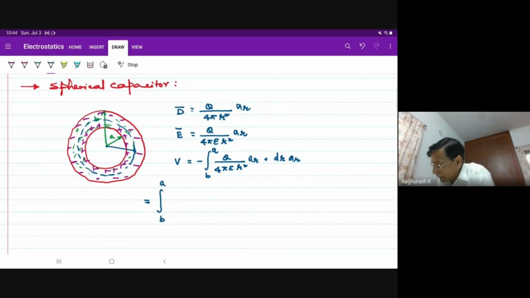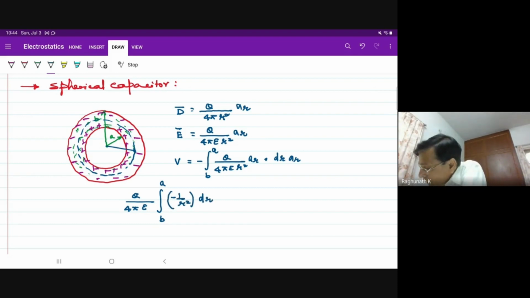I'll just bring those things out. Q by 4 pi epsilon, minus 1 by r squared dr. Integral of minus 1 by r squared dr is 1 by r, which is equal to Q by 4 pi epsilon times (1 by a minus 1 by b).